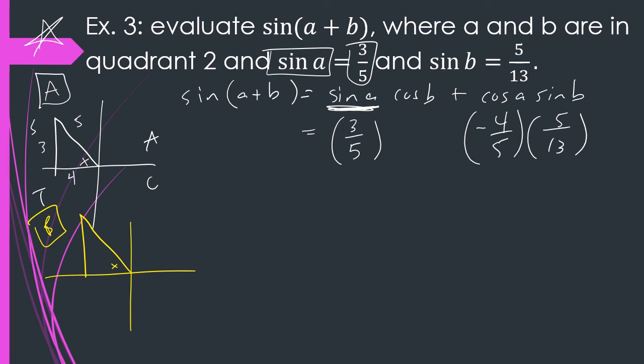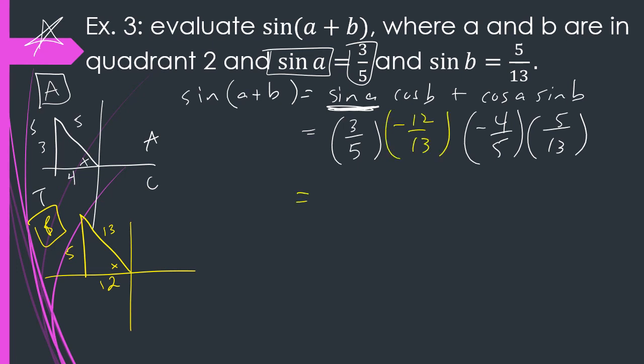Sine B is 5 over 13, opposite over hypotenuse, right? Make sure you show your Pythagorean work here, but 169 minus 25, 144 gives us 12. That means cos B is adjacent over hypotenuse, 12 over 13, and it's negative since it's in the sine quadrant.